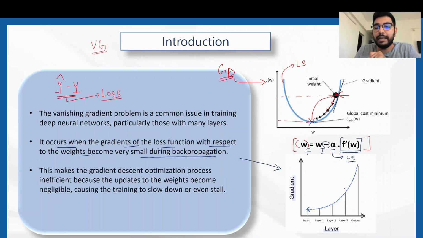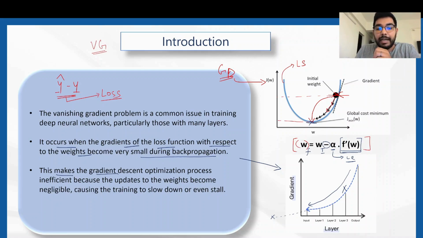We have a pretty decent gradient over here. Now that we are moving backward, propagating through the layers, we see that the gradient is falling exponentially. And if we were to have more than 3 layers, there is a high chance that this gradient will become almost negligible. This is essentially known as vanishing gradient.